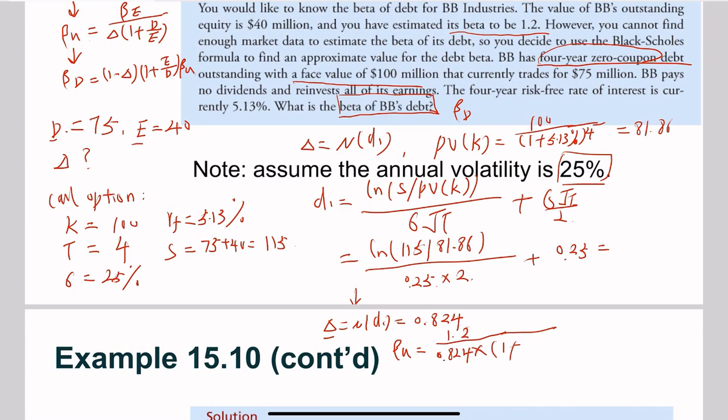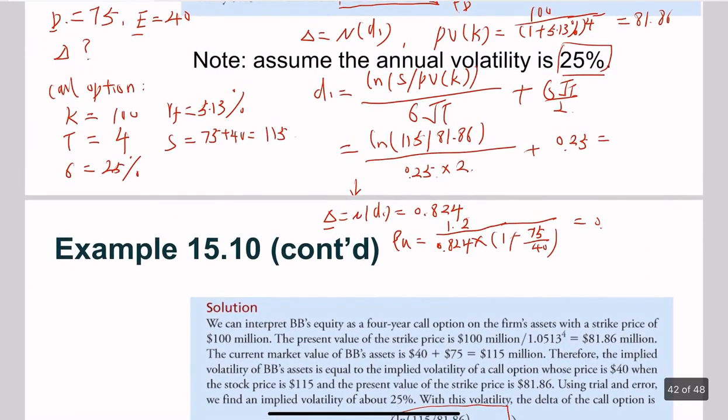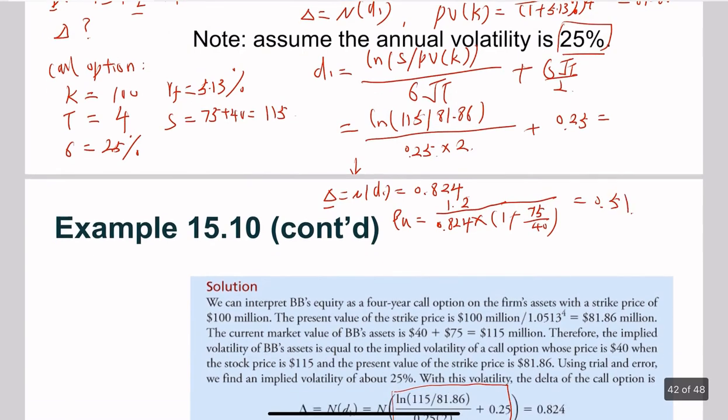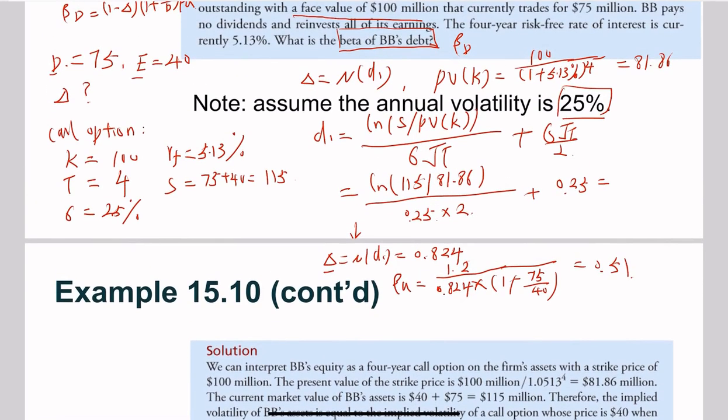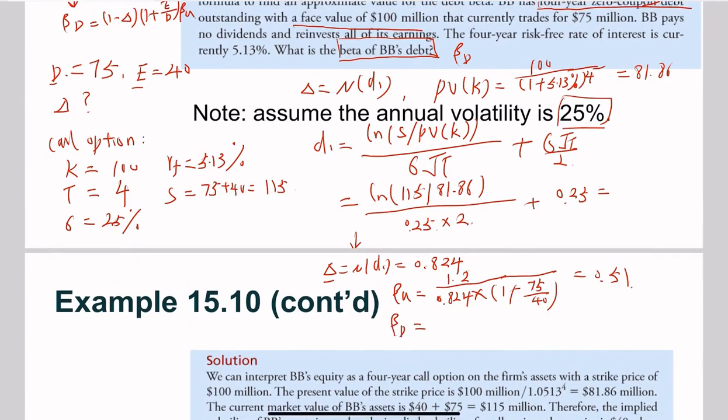In this case, it should be 75 divided by 40. So this will be 0.51.